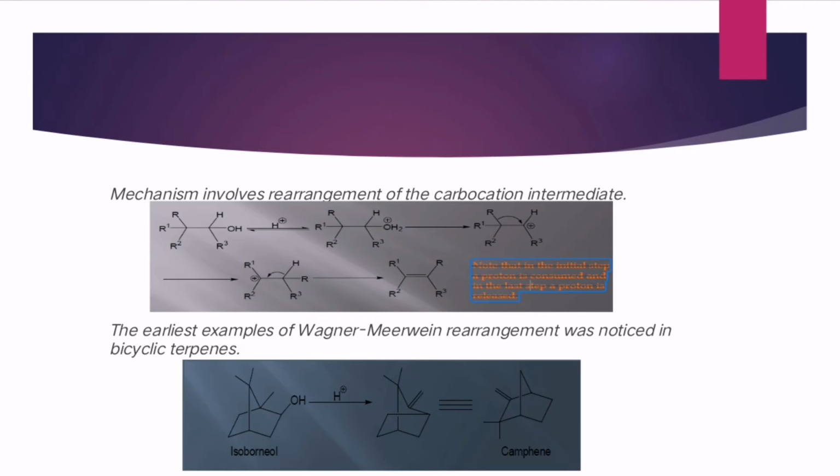The earliest example of Wagner-Meerwein rearrangement was noticed in bicyclic terpenes. Here we have the example of camphene. Isobornyl is going to give camphene as a result of this reaction.